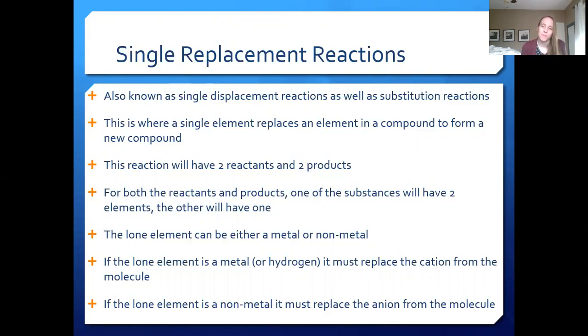The lone element can be either metal or non-metal, and then it will swap places on the reactant side with either the metal or non-metal in the compound. Metals will switch places with metals, non-metals will switch places with non-metals. The only exception to that is that hydrogen will also switch places with other metals, even though it's not really a metal.